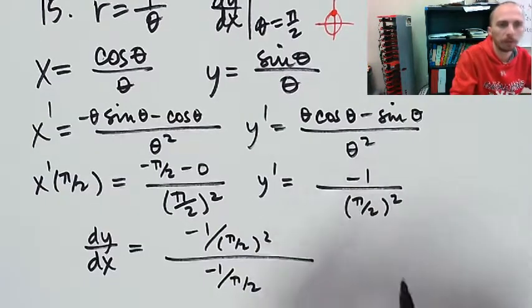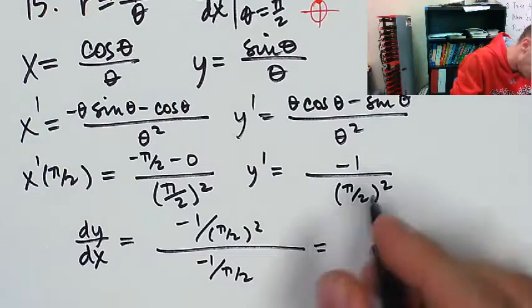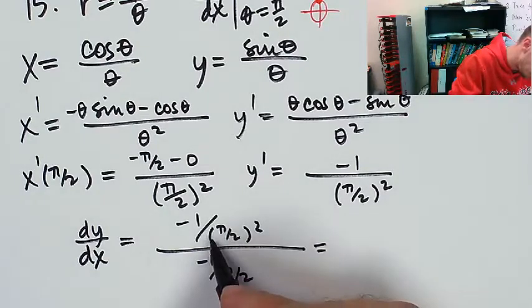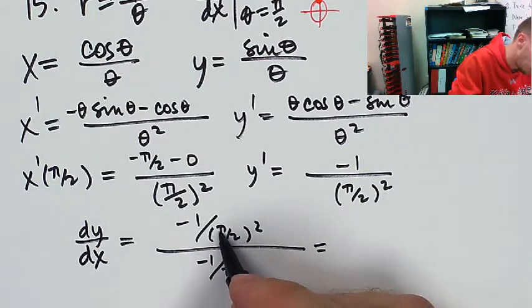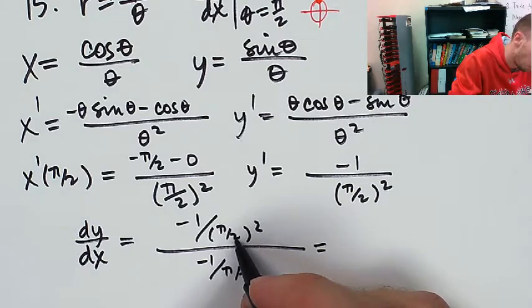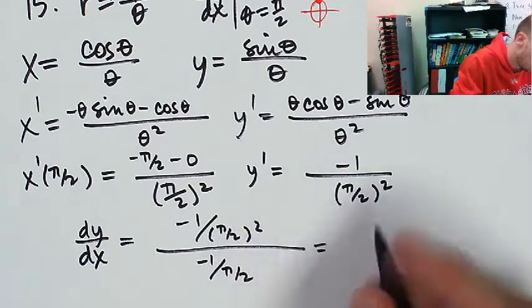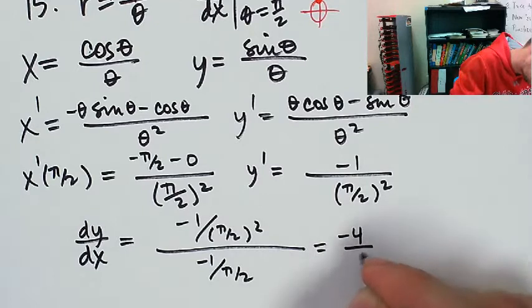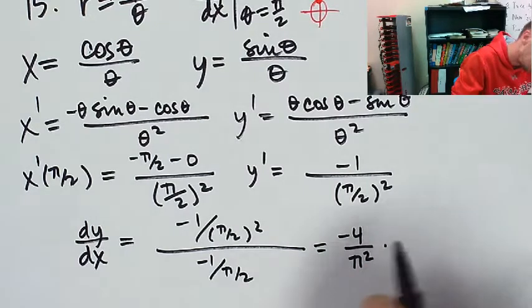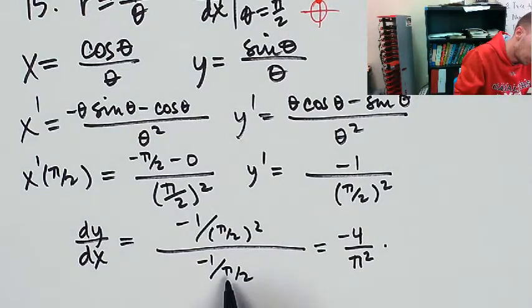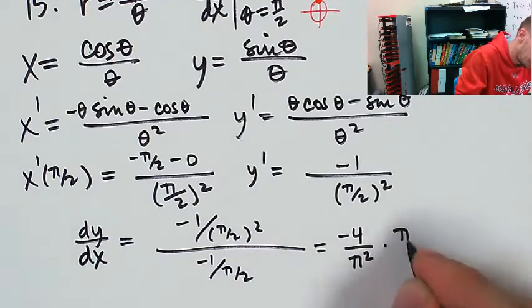Okay. And I might do a little bit of simplification here. Negative 1 over pi over 2 squared, well, that would be pi squared over 4, but it's 1 over that, so it's going to be negative 4 over pi squared. Times flip and multiply. Okay, well, this is equal to negative 2 over pi.